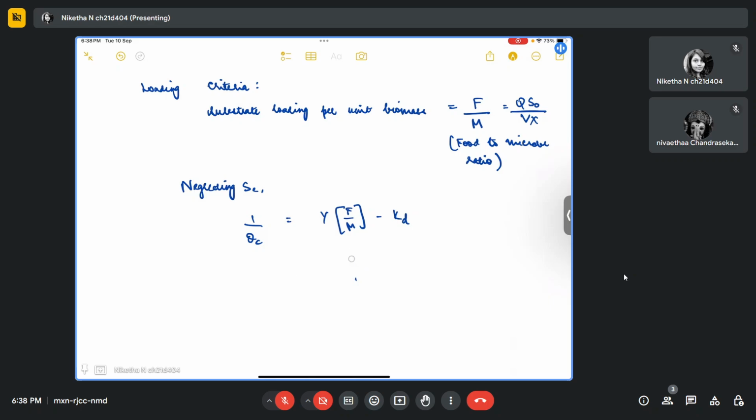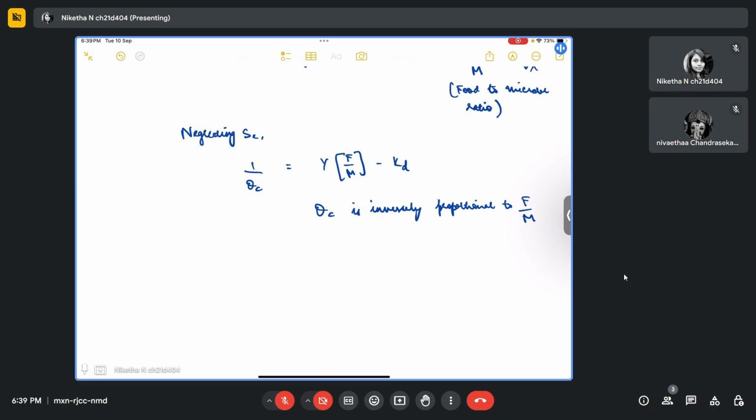Or in other words, theta C is inversely proportional to the F by M ratio.